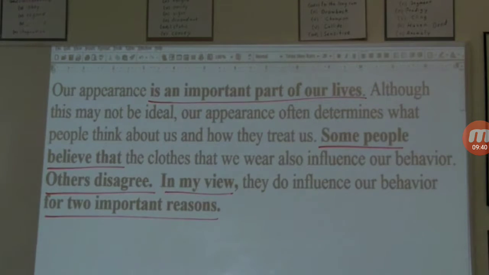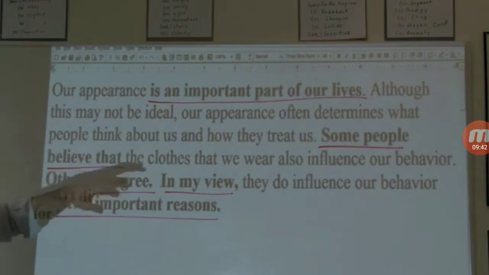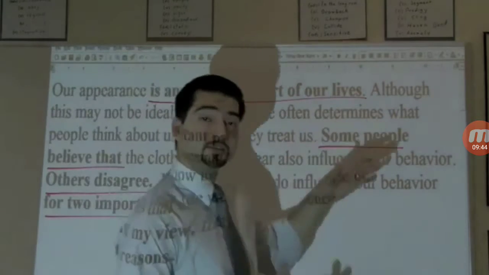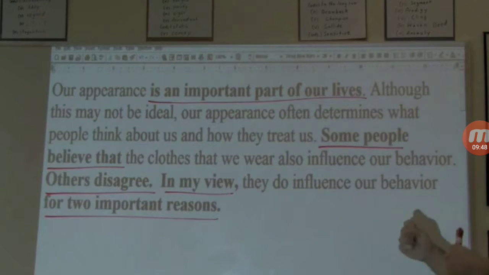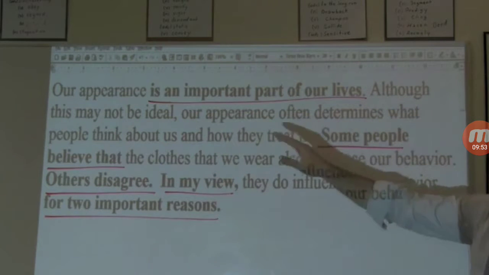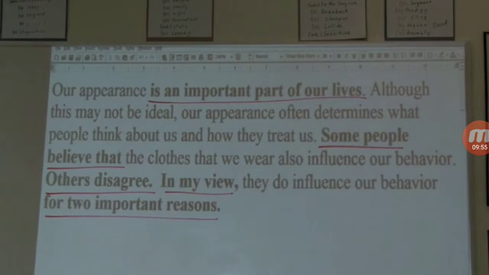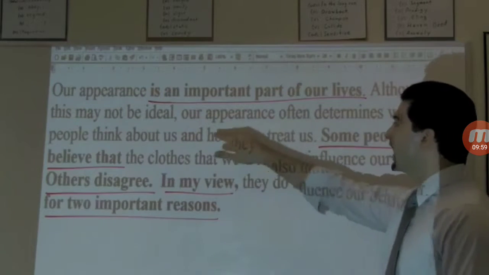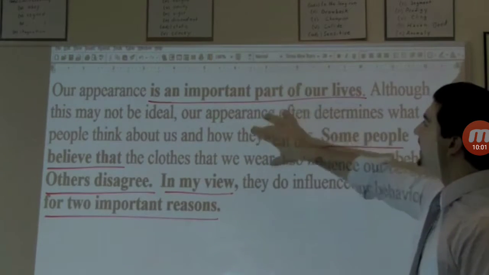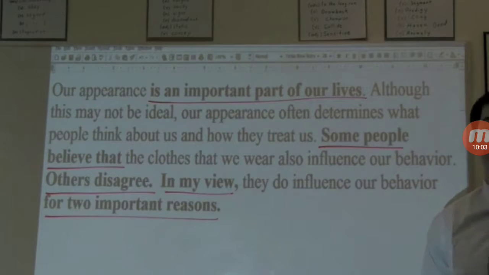So, very easy. Our appearance is an important part of our lives. This never changes. It's always going to be basically the same thing. The next sentence explains, why is it important? Although this may not be ideal, ideal meaning perfect, our appearance determines what people think about us and how they treat us. That's why our appearance is important.